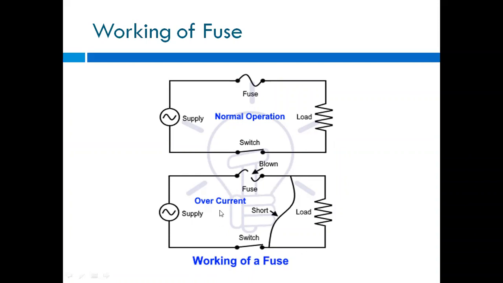There are so many advantages and some disadvantages of these fuses, we'll see. So working of fuse, everyone got this? Very simple. Because if any fault occurs, that blows out and we are simply replacing that fuse.